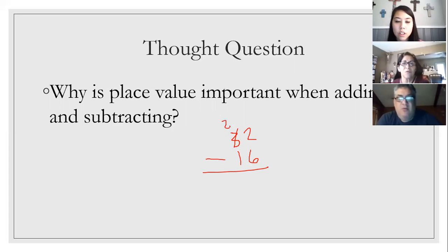We're going to borrow 1, and that makes this 2 in the ones place a 12. Now we got this 1 in this ones place from our tens place. You just regrouped it and put that 10 right there. That's how we got 12. So then 12 minus 6 equals 6. And then 2 minus 1 is 1. So that's a really quick rundown on why that is important.